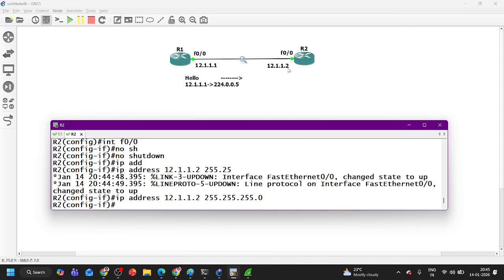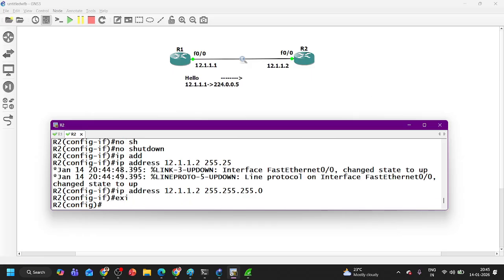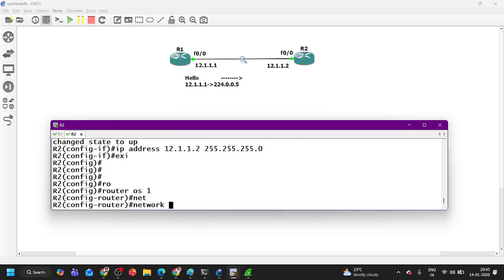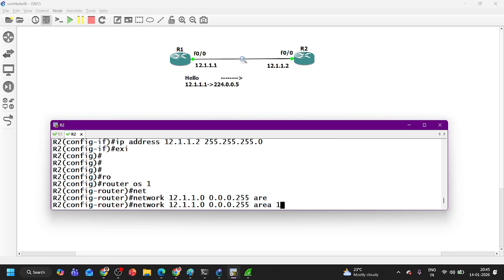When router 2 comes up, maybe router 2 will become the BDR, and the router ID of router 2 will be the BDR router ID. So routers will start carrying that information in their hello message as well. For now, the BDR router ID is 0. Router ospf process ID 1, network 12.1.1.0, wildcard mask 0.0.0.255, and area 1.